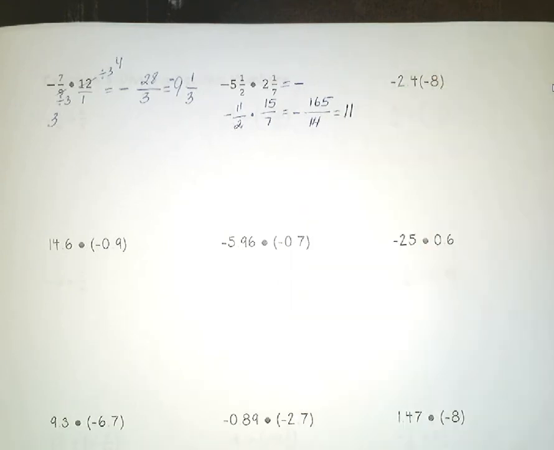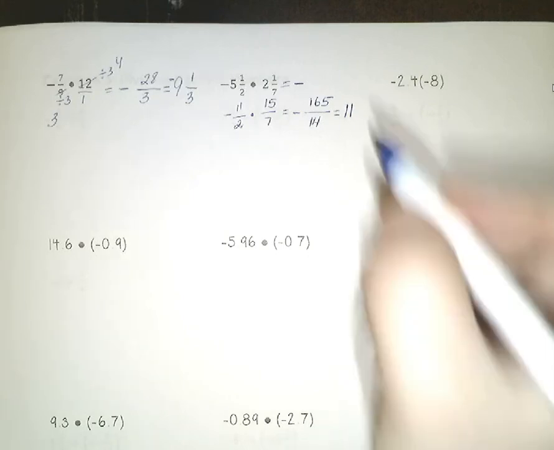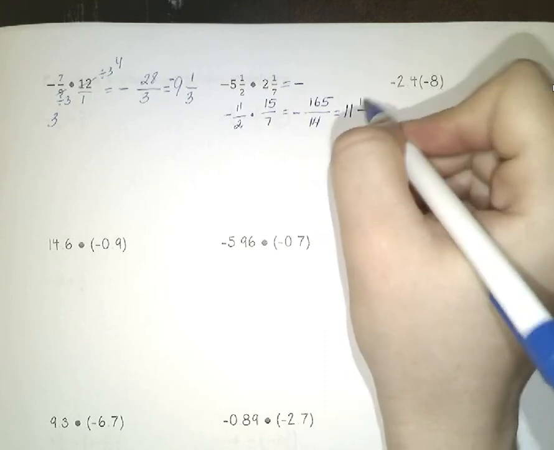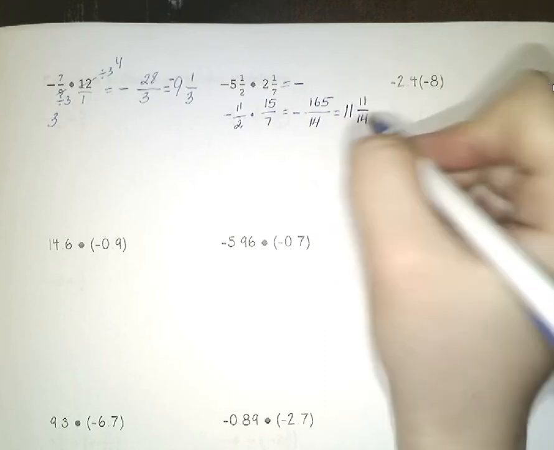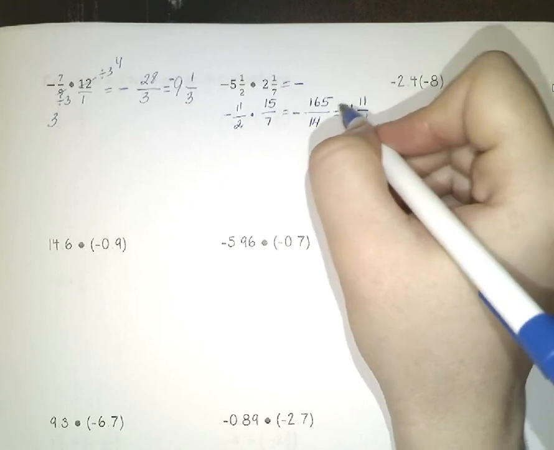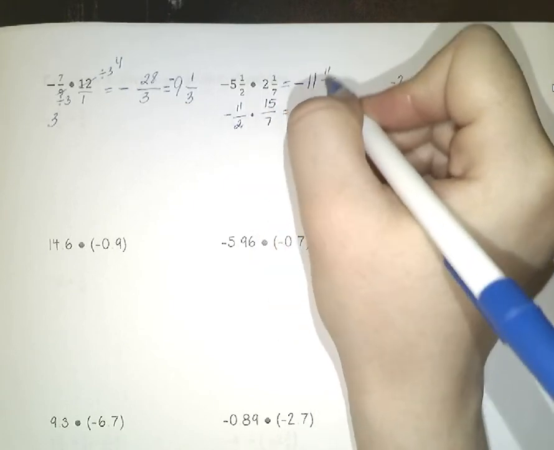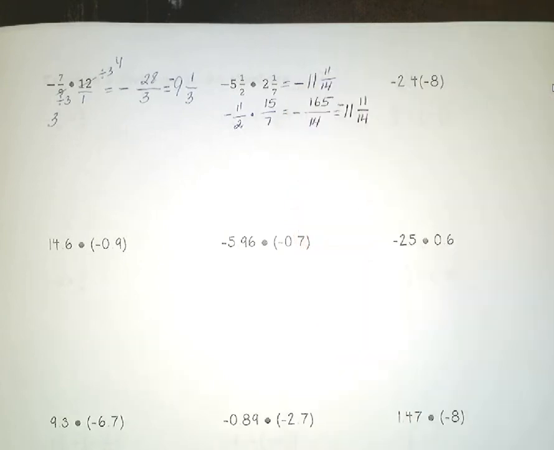And 11 times 14 is 154. So we have 11 in the remainder, 11 fourteenths. And of course, it's going to be a negative answer. So negative 11 and 11 fourteenths. Notice I'm not multiplying 5 times 2. That is not going to be correct. Okay, you need to change it into an improper fraction before you do the multiplication.